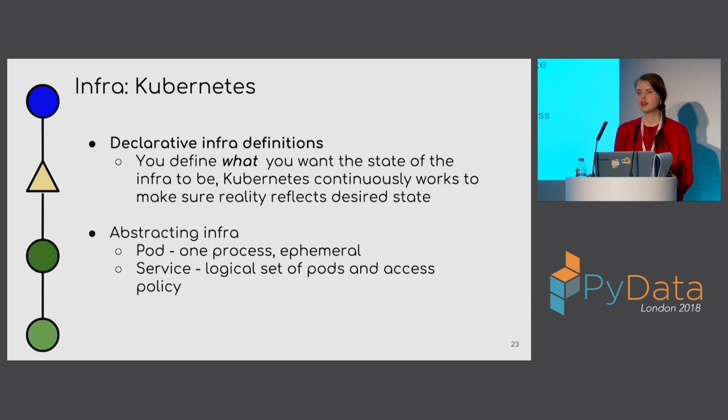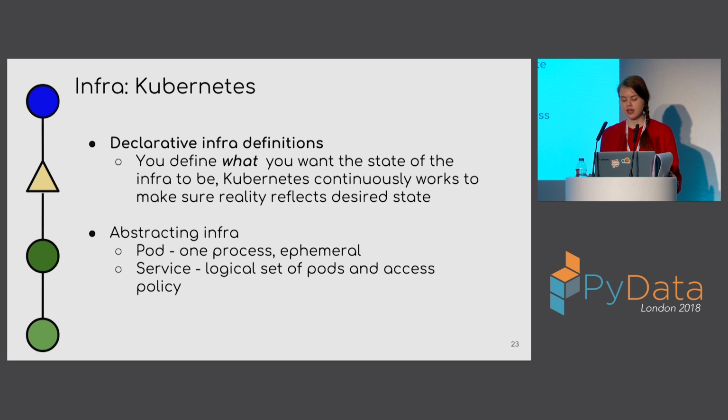So we want our Kubernetes cluster to have 3 nodes. We want each of our applications to have 2 replicas, and so forth. But you don't define how this should be achieved. So this frees you from having to worry about how things are achieved, and instead, Kubernetes can work for you to continuously make sure that the reality of the cluster and its health reflects the state that you want it to be.